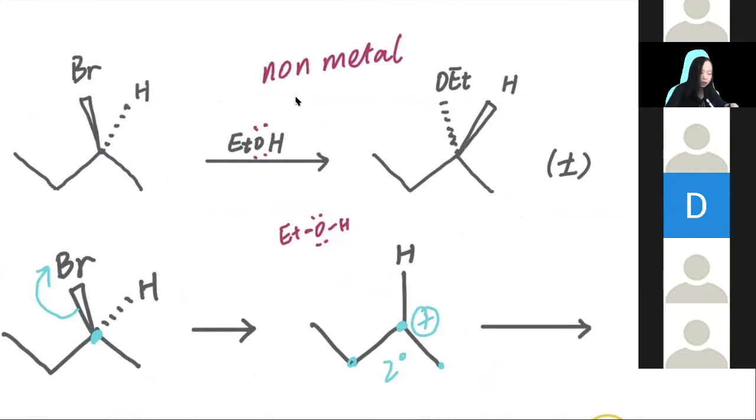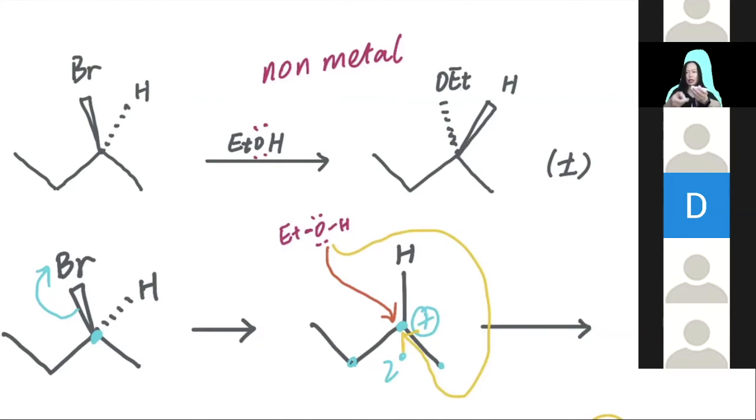So what would happen here? Because I can attack on both the front and back side of my carbocation. What do I mean by that? Previously we talked about if it's sp2, which is the carbocation, the center carbon, they are on a plane.